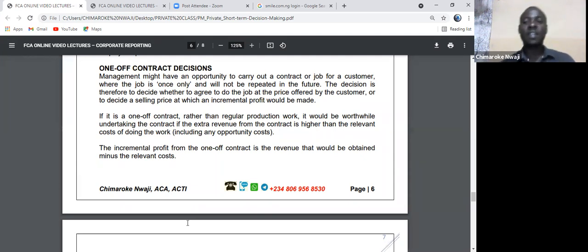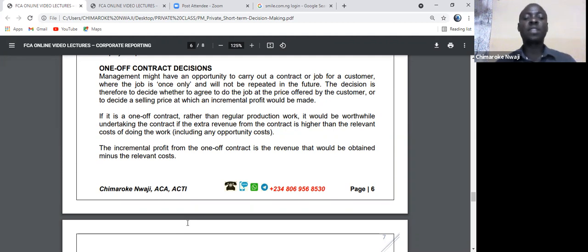So you see, like part of the charges I charge you for this extra class is opportunity cost, because I would have been doing something by this time that will be beneficial to me financially. And so I would say, okay, if I have to stop that, I'm not going to get this money. I'm going to transfer that cost to this your job. Okay, so that's how it works.